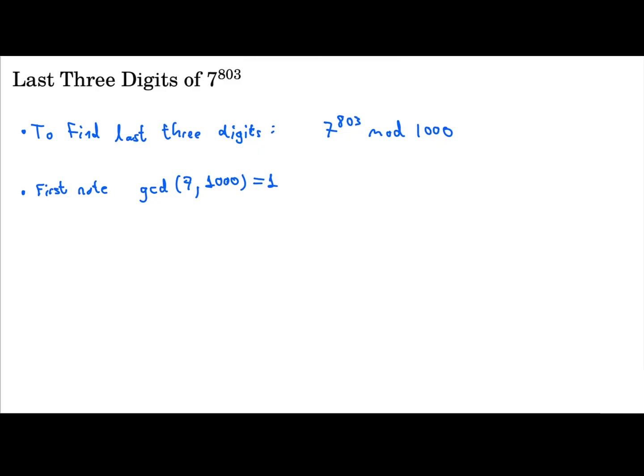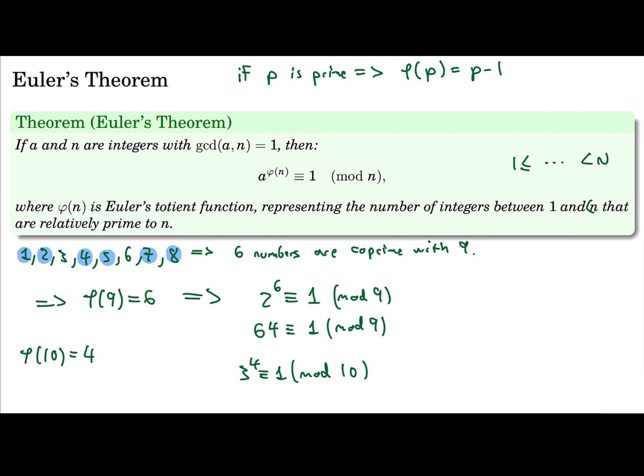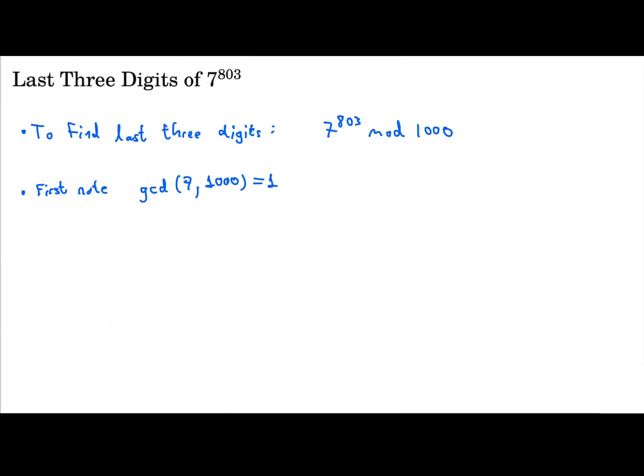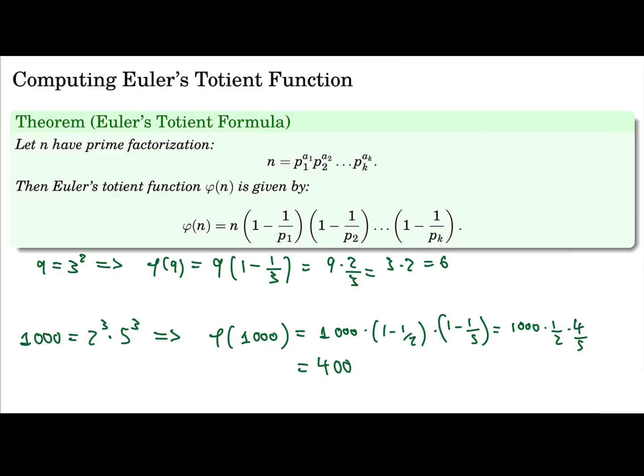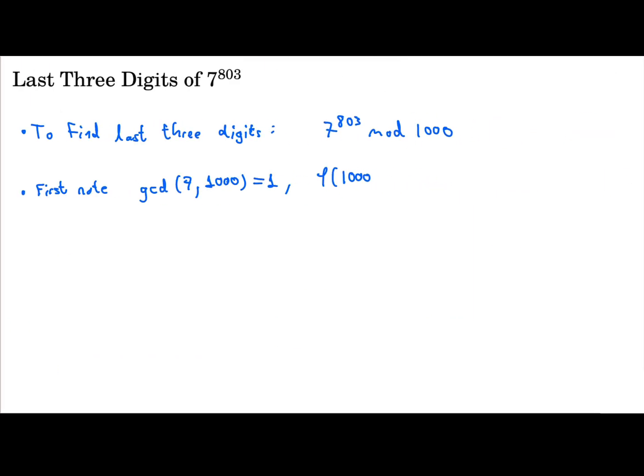And so that means that we can apply Euler's theorem, and we just need to compute phi of 1000. We already did that. We saw that phi of 1000 is equal to 400.